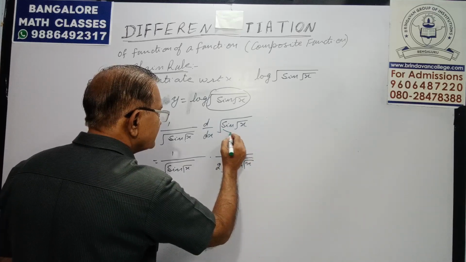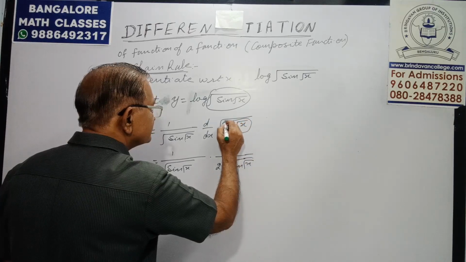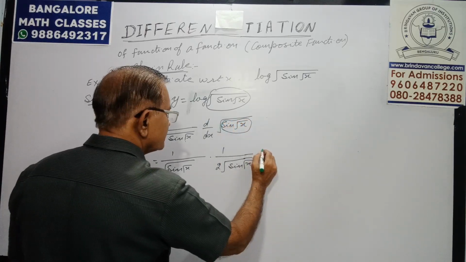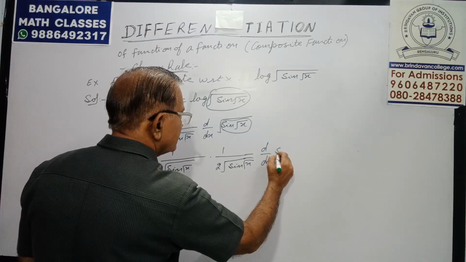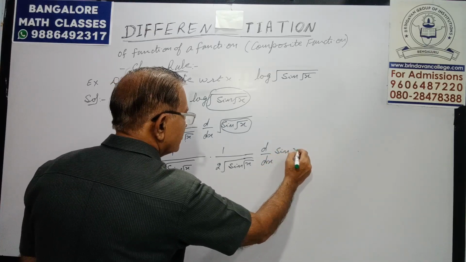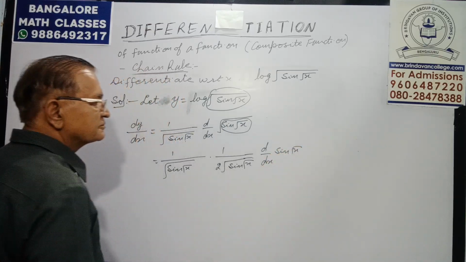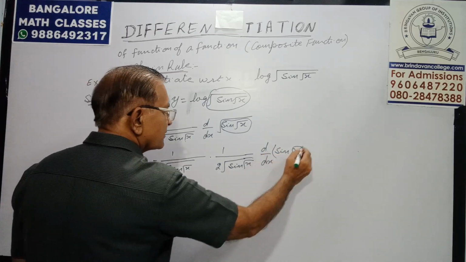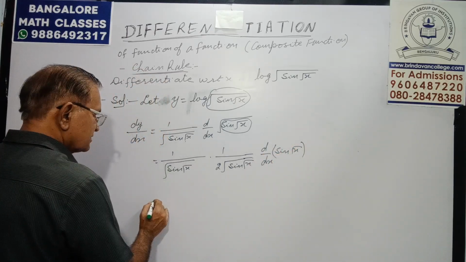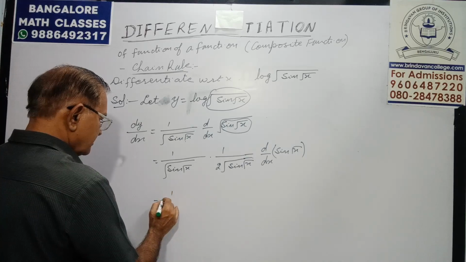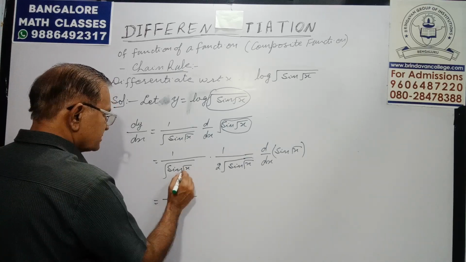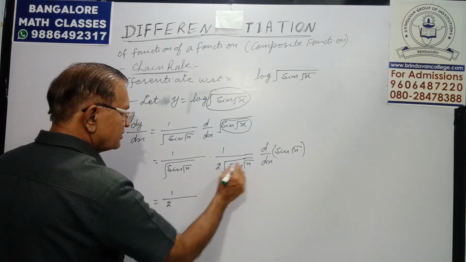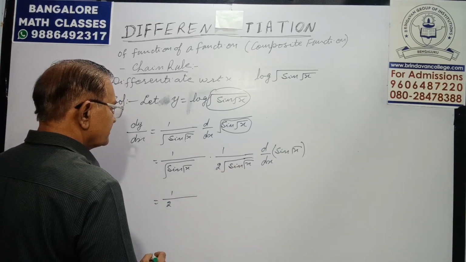Now as it is not x, under the root, d dx of sine root x equals 1 by 2 sine of root x under root sine of root x.